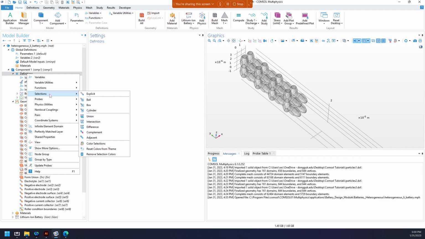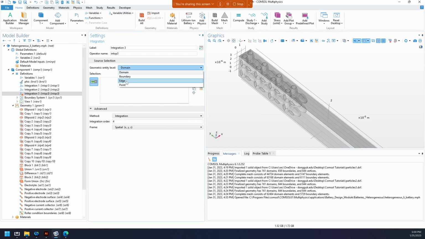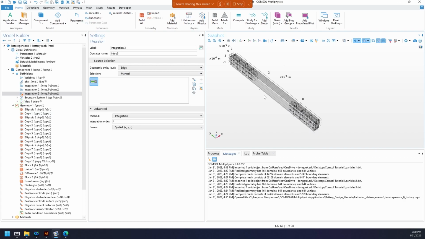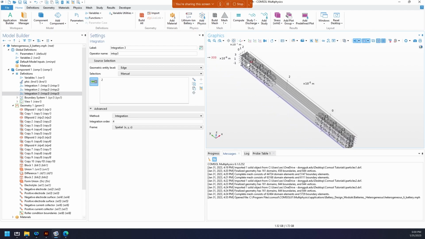Again, if I make another non-local parameter, and unhide all these things, let's say I want to calculate the length of this whole electrode. Maybe if our electrode is just a negative electrode, we can take the length from the separator or the current collector. It's up to you.